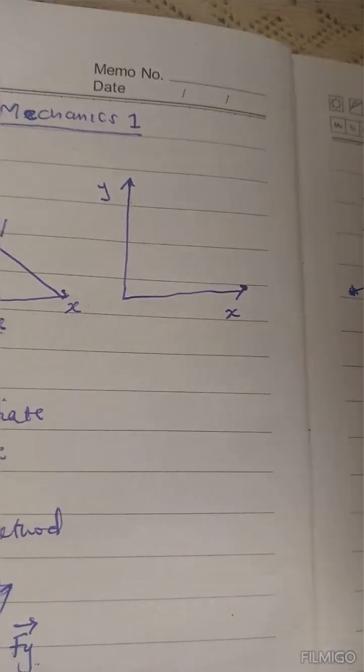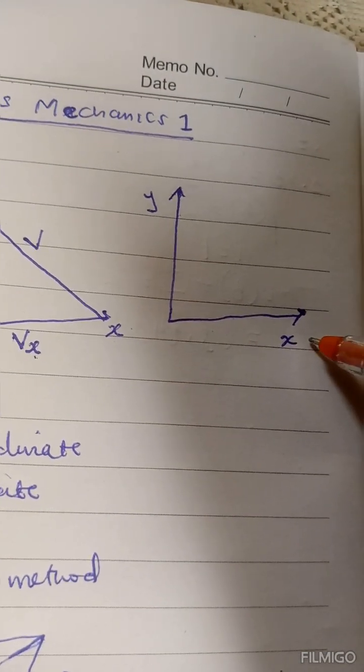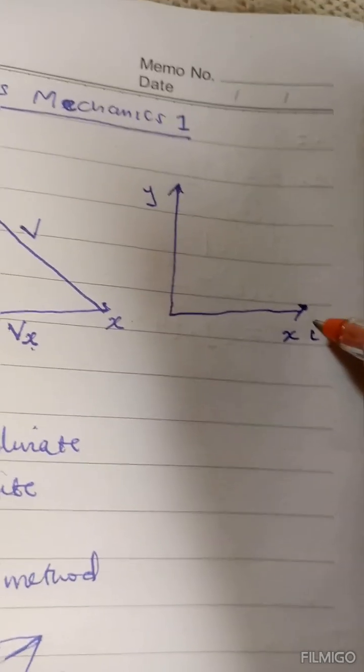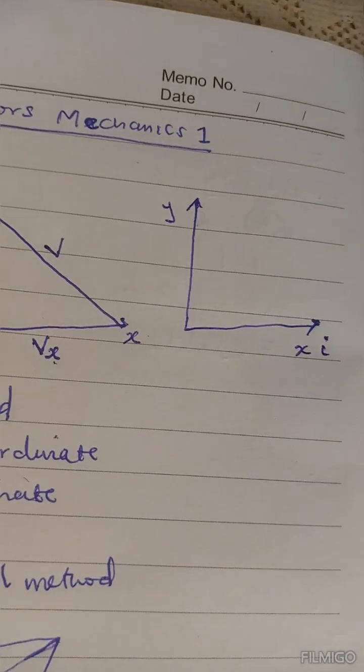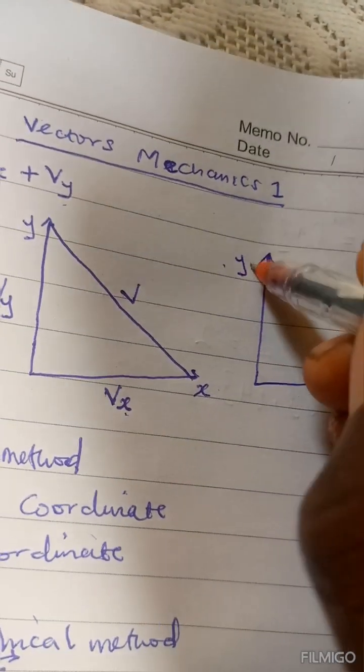Now, using Cartesian coordinates, my x is represented as i, and my y is represented as j.